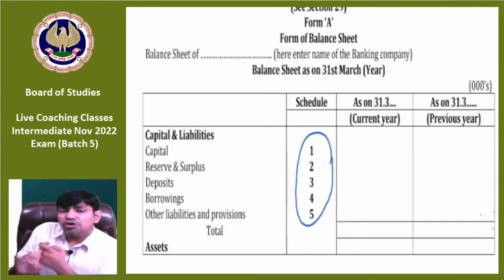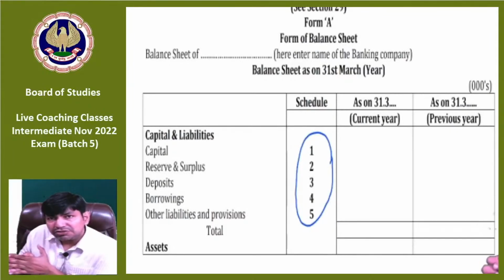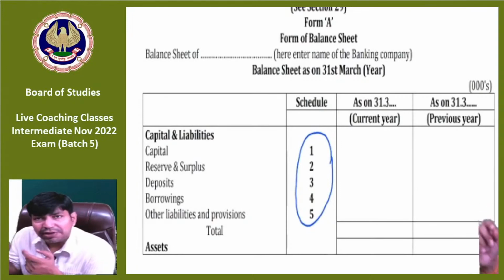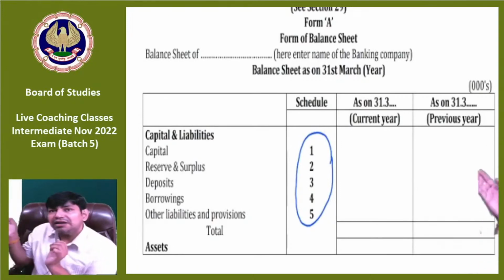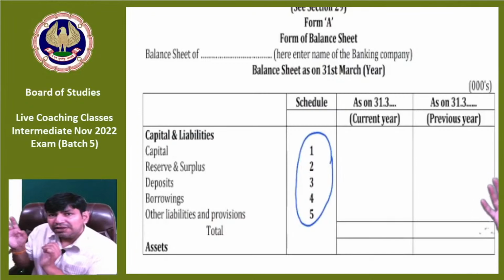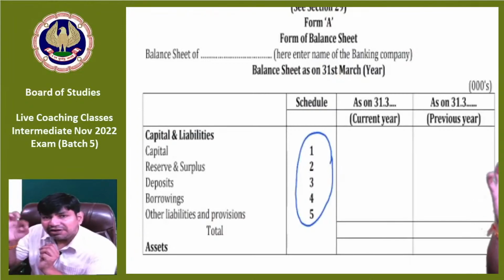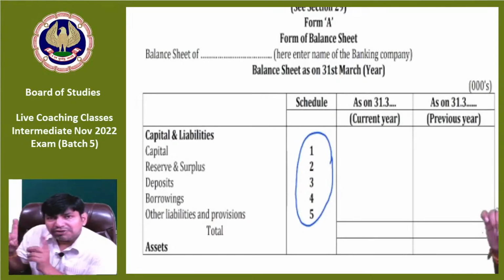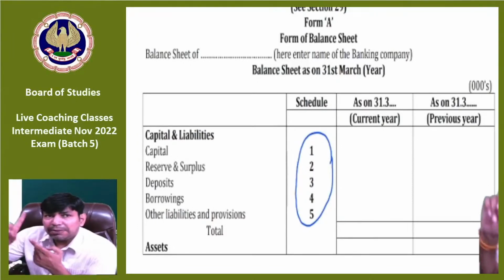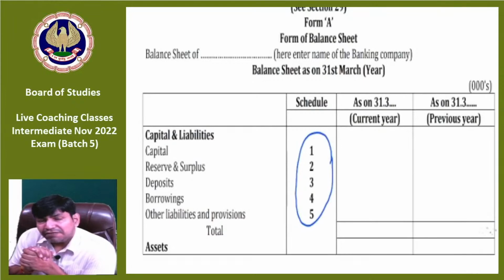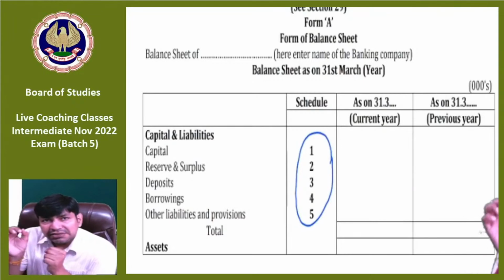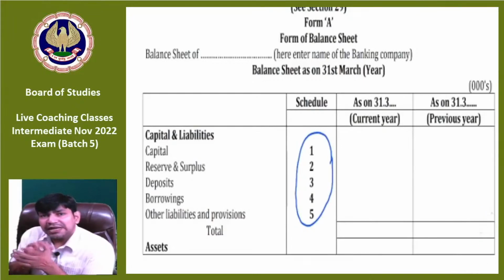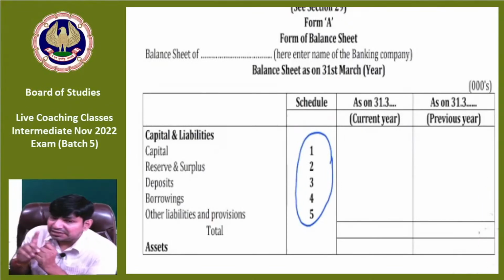There were notes to accounts numbers, not schedule numbers. Earlier there was also the schedule word, further amended with the words notes to accounts. So note numbers are there, but note numbers were not fixed. For capital we used to maintain the number 1, then second for reserves and surplus, and so on. Third number for non-current liabilities, fourth number for current liabilities. Better listen to me very carefully.